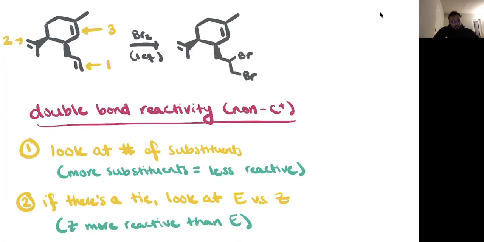So that's where we add first. Our second addition would be to the disubstituted one. So like this.